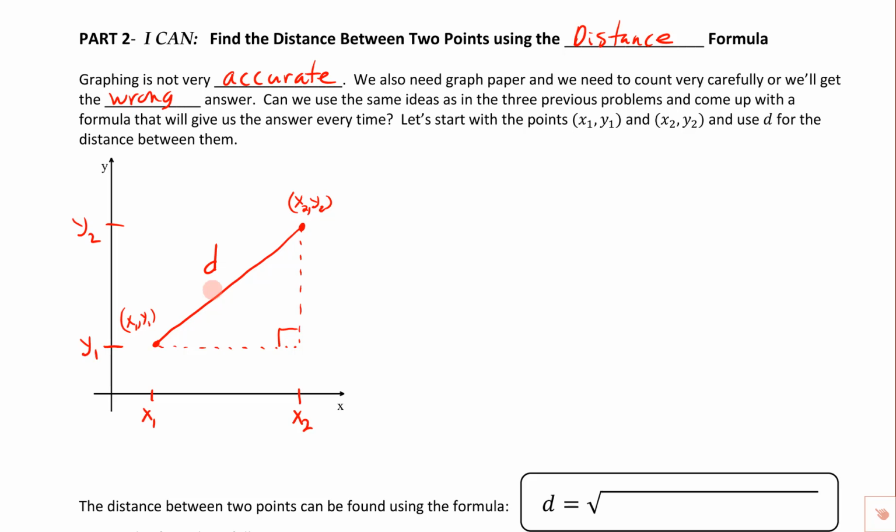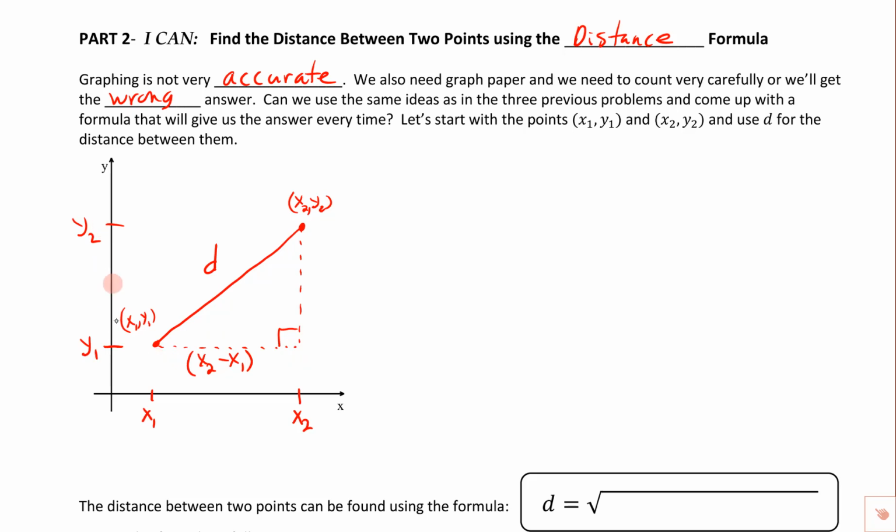So if you remember what we did before when we were developing the slope formula, if we want to know how far it is from here to here, we're going to do the one on the right minus the one on the left. So we're going to do x2 minus x1. If you always do the one on the right minus the one on the left, that's always going to give you a positive quantity. Okay?